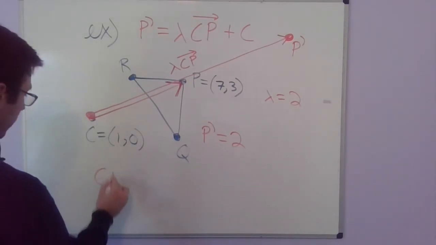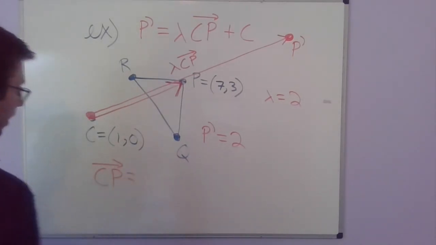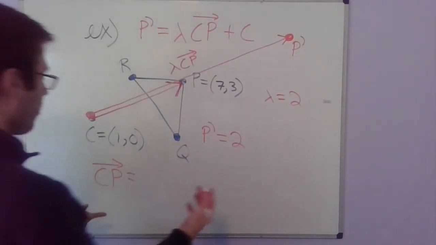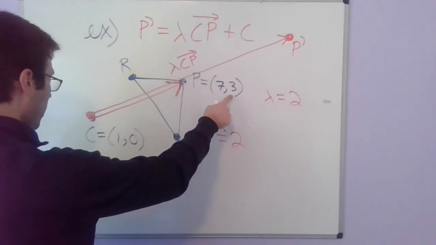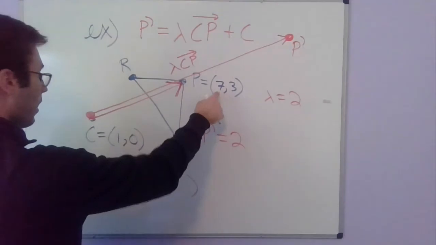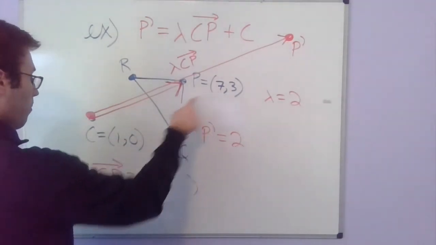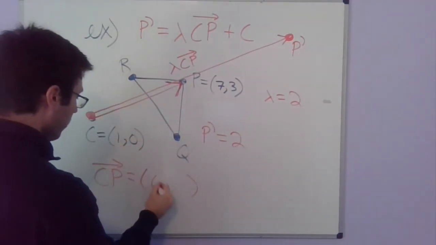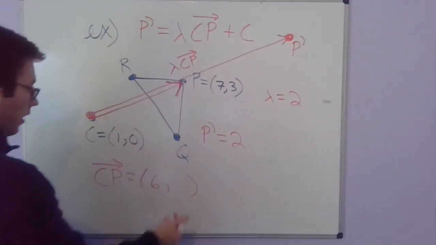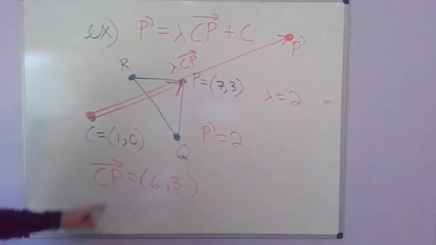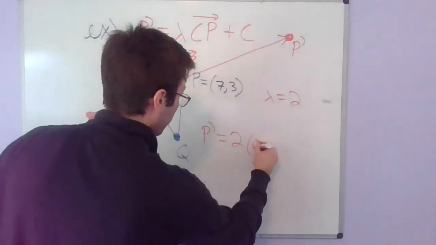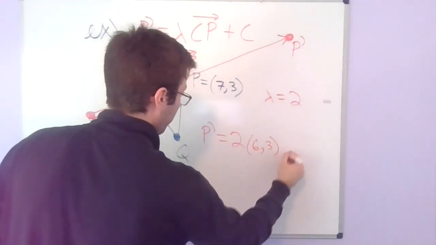The vector from C to P, you have to think about it backwards, so you're going P minus C. So 7 minus 1 is 6, so I put a 6. 3 minus 0 is 3, so I put a 3. So that vector from C to P is 6, 3. I'm going to write 6, 3 here.